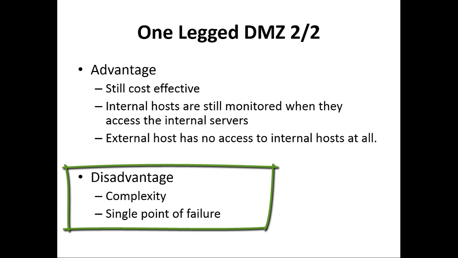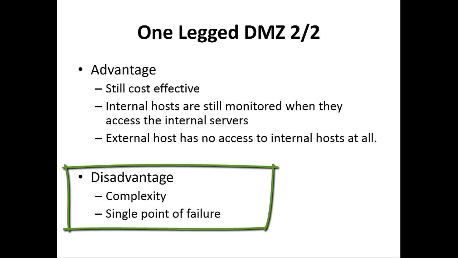Now, some of the disadvantages of this approach is the complexity, because instead of interfacing only two networks, now the firewall has three different interfaces, and you need more complicated configuration to set up those three different interfaces.